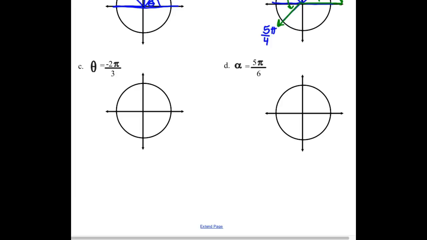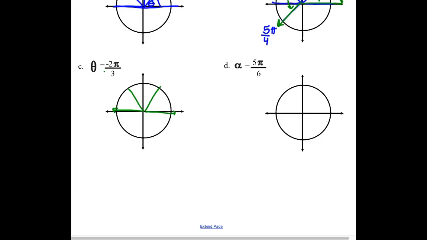How about C? How are we going to split it up? Into threes, right? The top half is going to have 3 pieces. Okay, so from here, here's 1/3, 2/3, 3/3. But what kind of angle is this? If it's negative, I have to go which way? I have to go the other way.